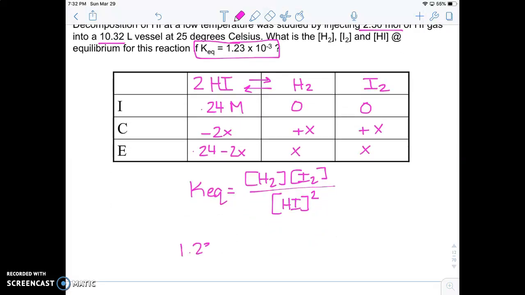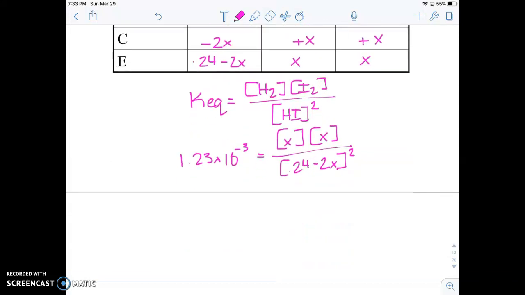So 1.23 times 10 to the negative 3 is my KEQ. H2 is X, I2 is X, and my bottom number is 0.24 minus 2X. So this looks like it's going to be a little bit messy, but before I let it get crazy, let me show you. I'm just going to rewrite it so that it makes sense.